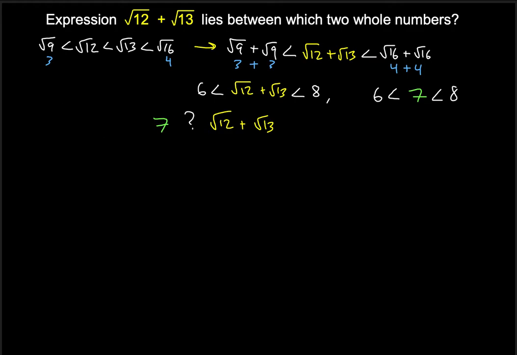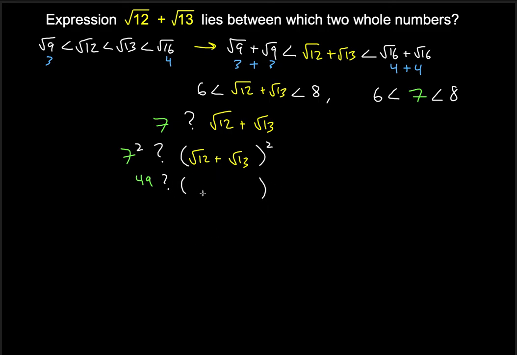So let's square both, and we write a question mark in between. That means we also have to square radical 12 plus radical 13, because we're squaring both of them to compare the squares. So 7 squared equals 49, and let's make it a question mark. Now, what does this mean when you square them?